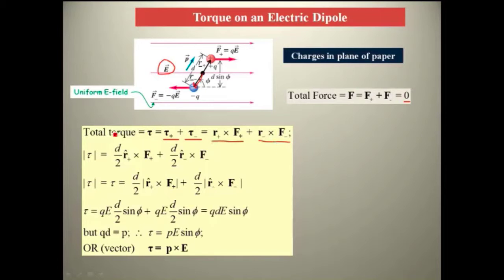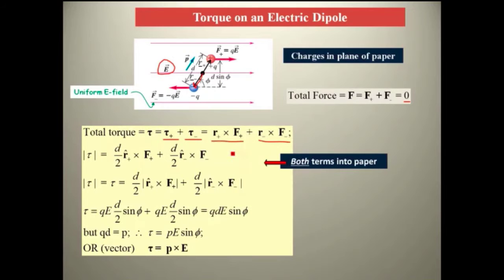So now let's look at this. It's d over 2 times the unit vector in the plus direction. d over 2 is just this distance here. The minus term looks exactly the same, except we have r minus here. Realize that those are pointing in opposite directions. Realize that both these terms are into the paper.